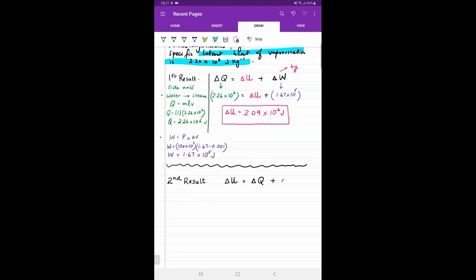Let me rewrite in red what we need to find. Let's apply it. So the answer for delta Q, which was calculated at the top, will remain the same. I'm just copying down that same answer from the top.